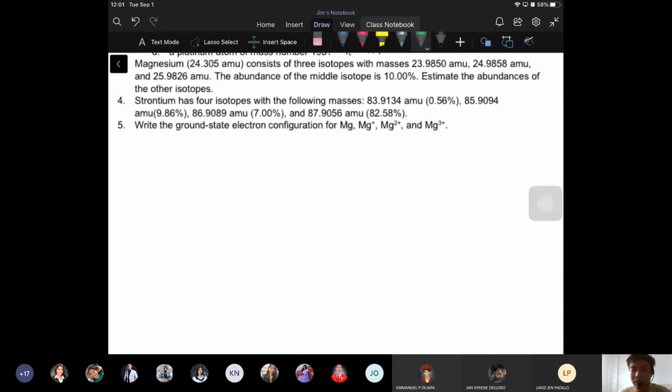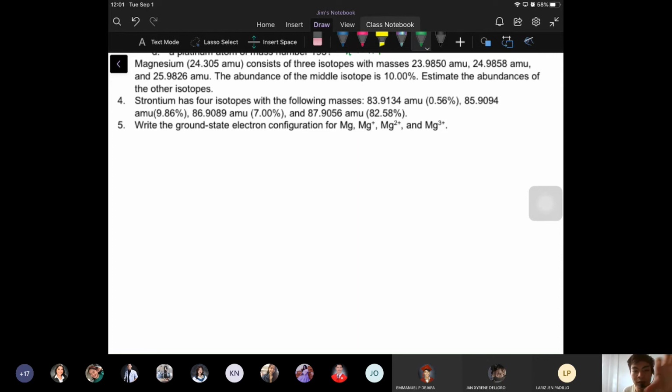Pag kayo nag-test kayo ng drugs, gagamit kayo ng mass spectrometer. So you will pass through your sample, pwedeng dugo, pwedeng ihi. So papass through siya sa gas chromatography and then sa mass spectrometer. So pagdating sa mass spectrometer, makikita niya yung atomic mass ng molecule mo, or the molecular mass.